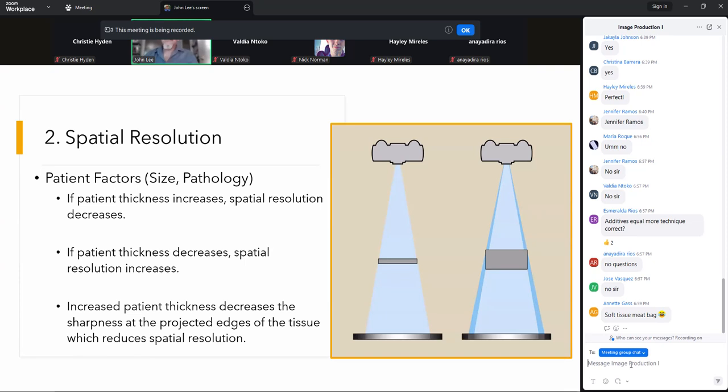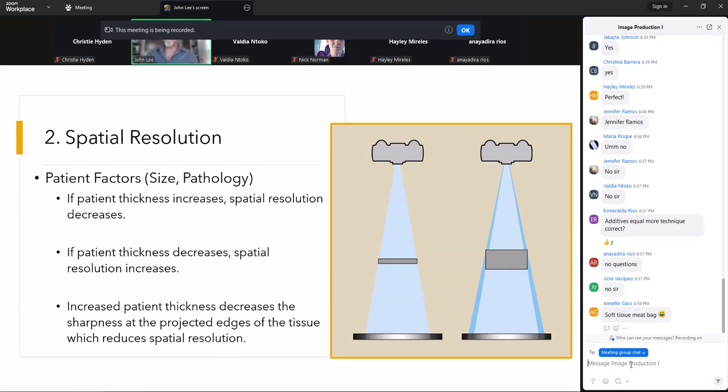Our patient factors, starting with size and pathology. If the patient's thickness increases, spatial resolution decreases. Again, all the stuff that we're doing is inside the body. So if the thickness of the patient increases, the body part's not increasing in thickness per se. It's the OID. How far is that part drifting away from our receptor?